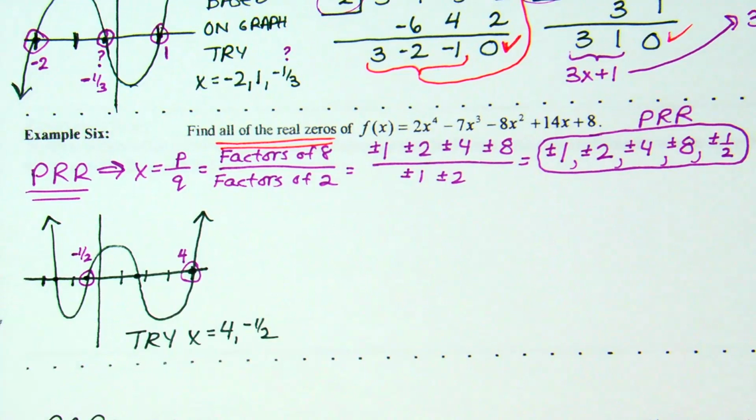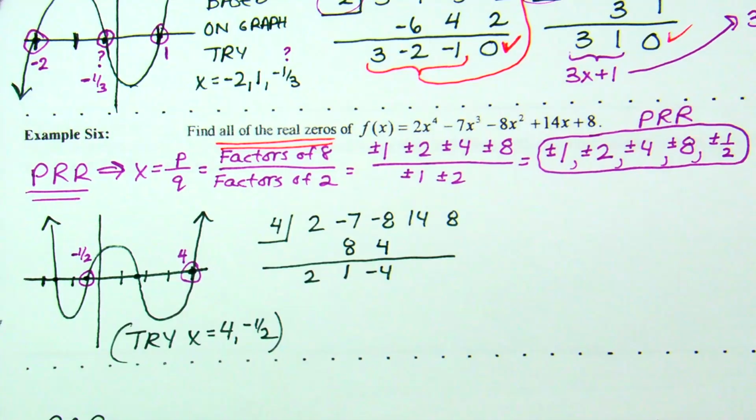Negative 8 plus negative 4. 4 times negative 4, negative 16. 14 plus negative 16, negative 2. 4 times negative 2, negative 8. And 8 plus negative 8, 0. So what do we know? 4 works. Shocker, I know, right?